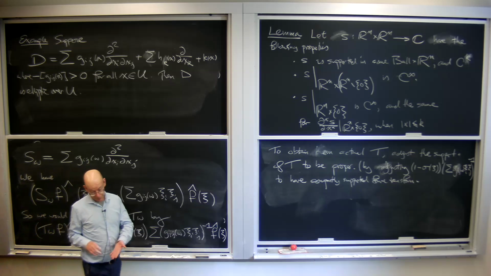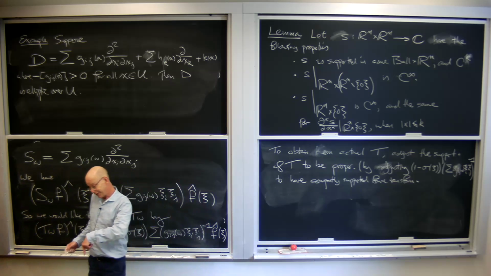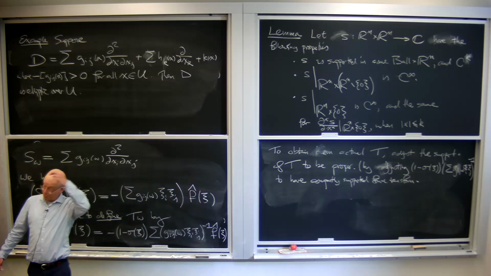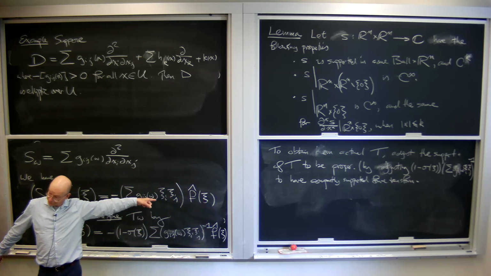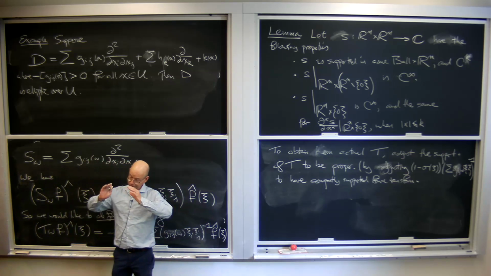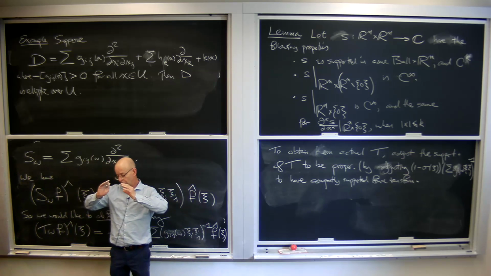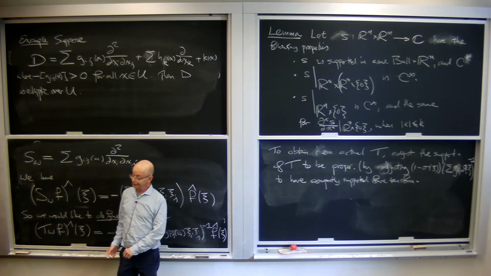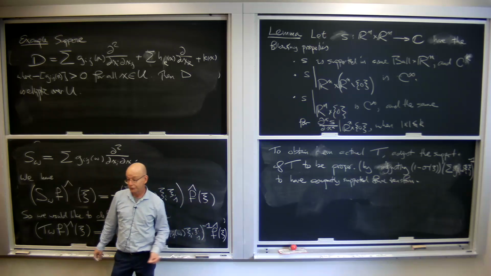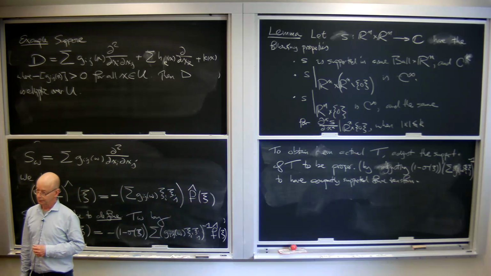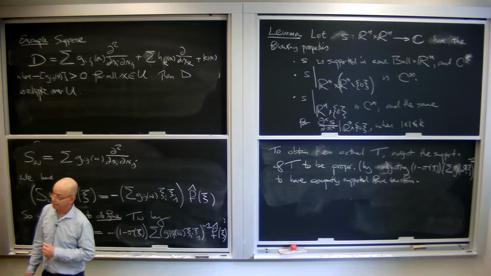Well, if after I take the Fourier transform, I want to adjust the operator by a multiplication operator, then before the Fourier transform, I need to adjust this by a convolution operator. So I need to take a bump function sigma on R^n, and I need to take its inverse Fourier transform, and I need to convolve with that. And that's what you do.